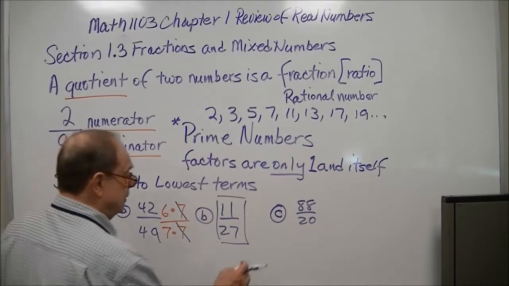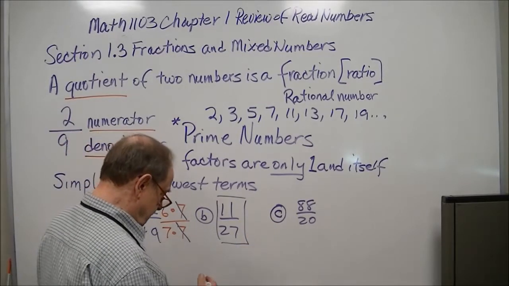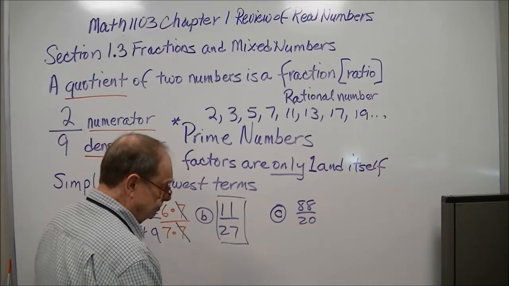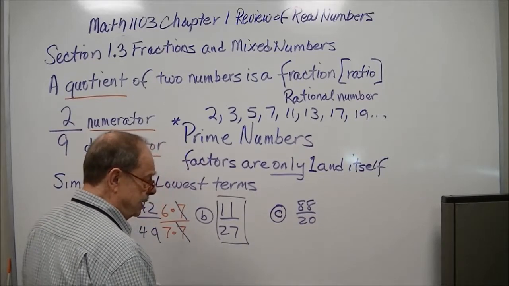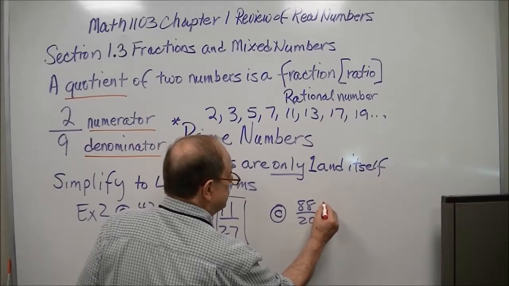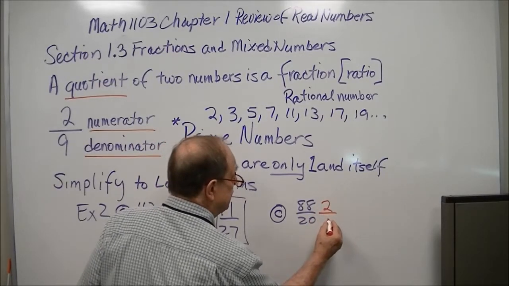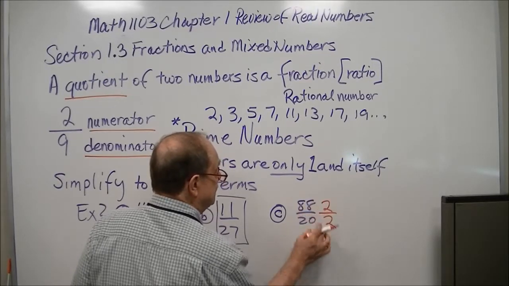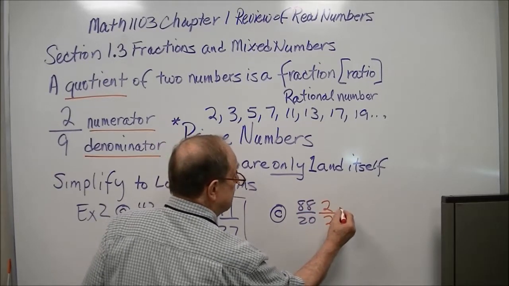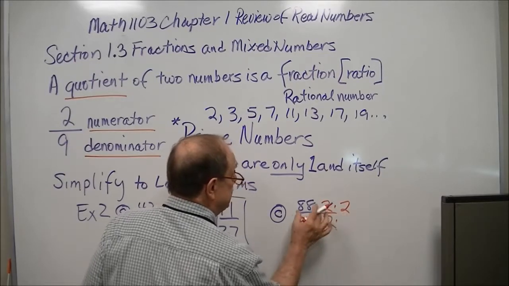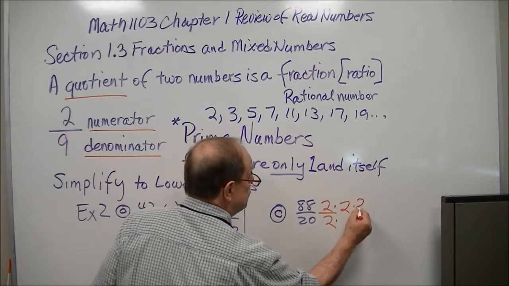Now, for letter C, as we look at this, a couple of things. You want to think of maybe prime factorization. Well, I know I can take a 2 out of there, and a 2 out of there, and that leaves a 10 here, and a 44 there. And again, I'm not writing this out, but I can take a 2 out of that 44, and get a 22.